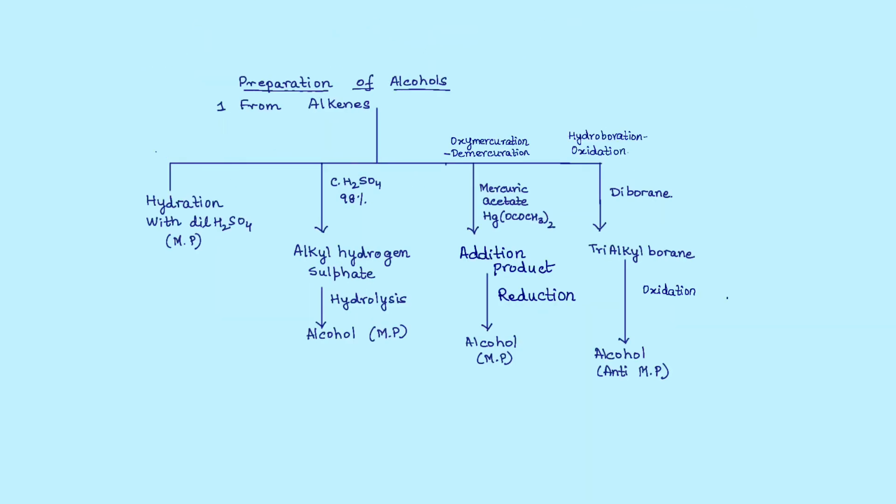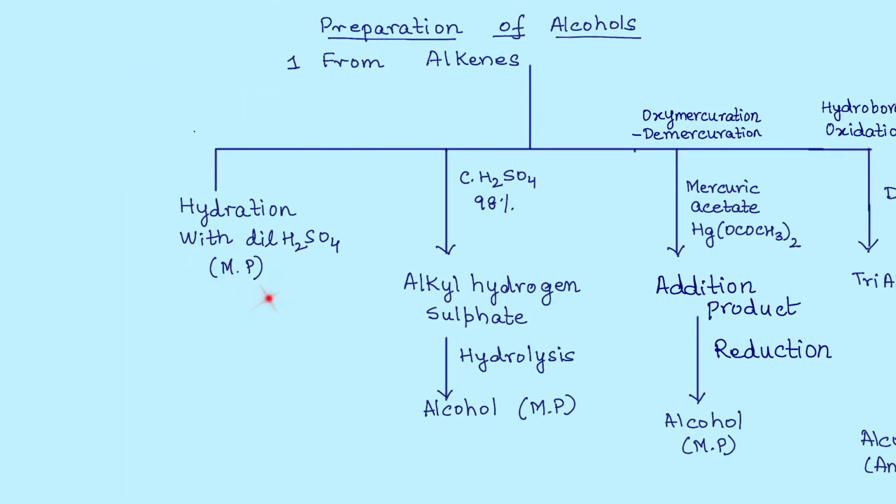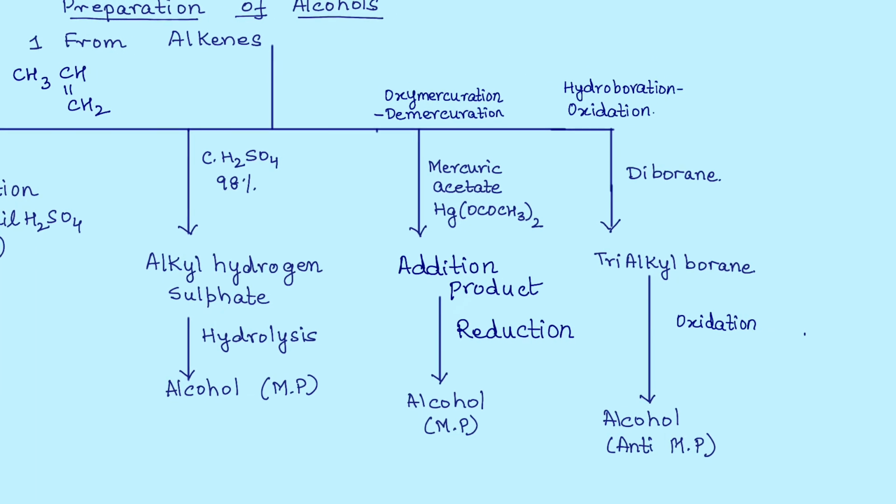Now the three methods that we've done so far, that means hydration with dilute H2SO4, or treatment with acid first followed by hydrolysis, or oxymercuration-demercuration, each one of these reactions involves the Markovnikov addition of HOH across the double bond, right?